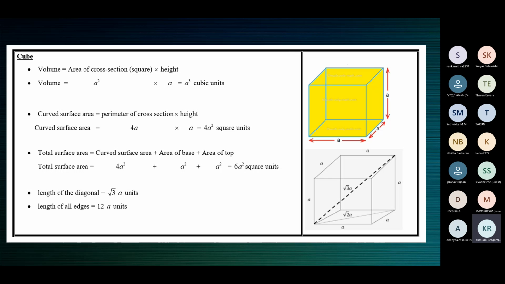You're stacking it up like how you stack your books in the shelf. I hope you understand the meaning of the word stack. So you stack up these square sheets one over the other to a height of 5 centimeters.